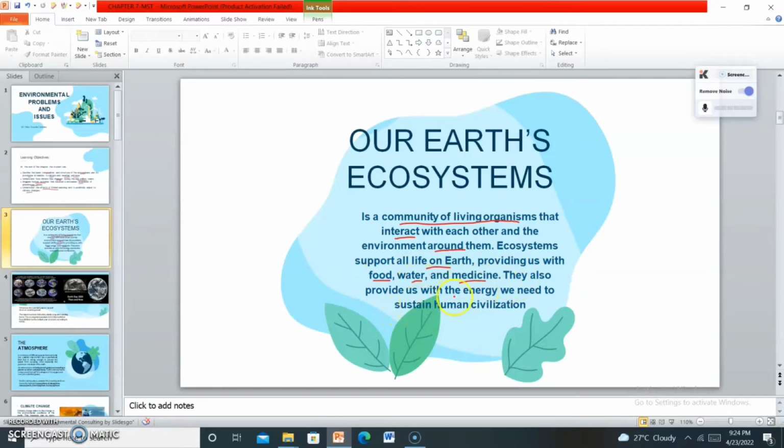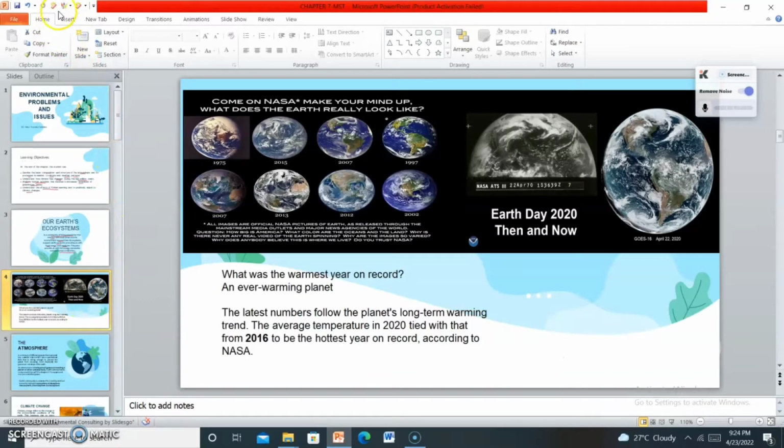It also provides us with the energy we need to sustain human civilization. According to NASA, the latest numbers on our planet's long-term warming trend show the average temperature in 2020 tied with that from 2016 to be the hottest year on record.